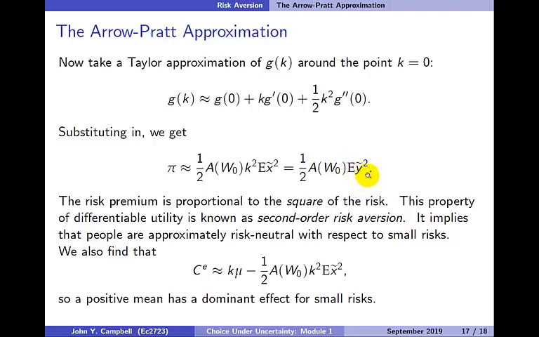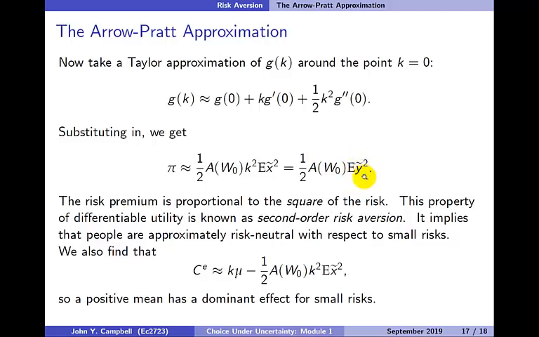That's very important. It's known as second order risk aversion, and it's a property of any twice differentiable utility function. It implies that people are approximately risk neutral with respect to small risks, because as the risk shrinks, the risk premium goes to 0 with the variance of the risk, with the square of the scale of the risk.